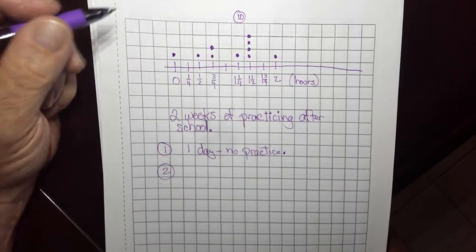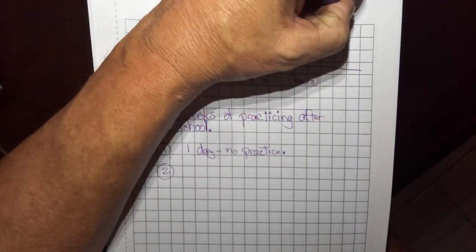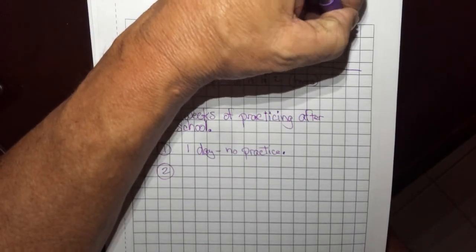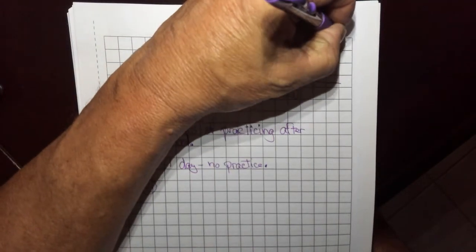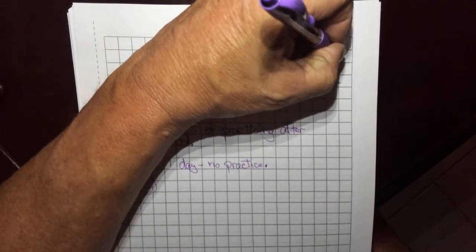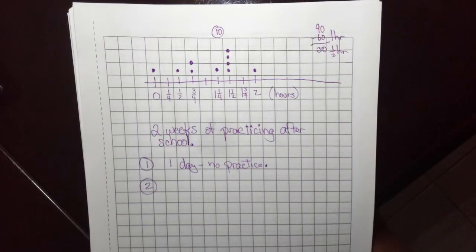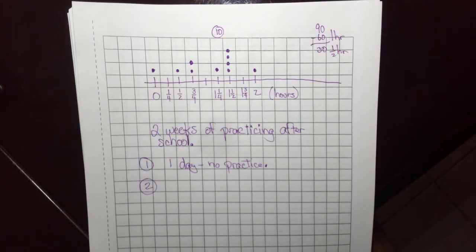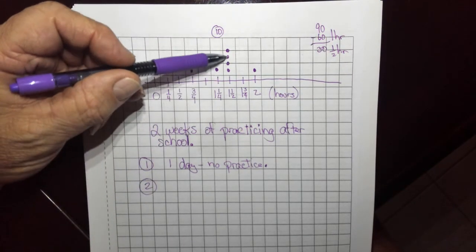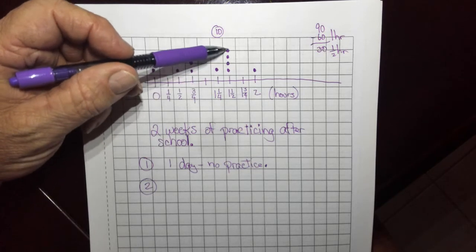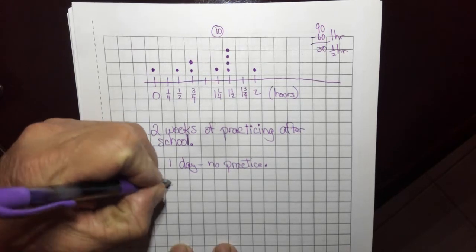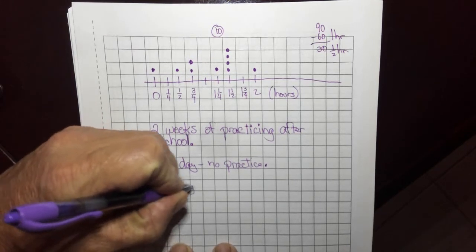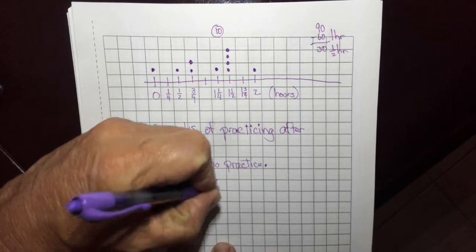Well, 60 minutes is 1 hour. So if I take 90 and I subtract 60, I'm left with 30. So this is 1 hour, and this is 1/2 hour. So 90 minutes equals 1 1/2 hours. So that would be this entry right here, which has 4 days that he spent exactly 90 minutes practicing. So 4 days, 90 minutes.